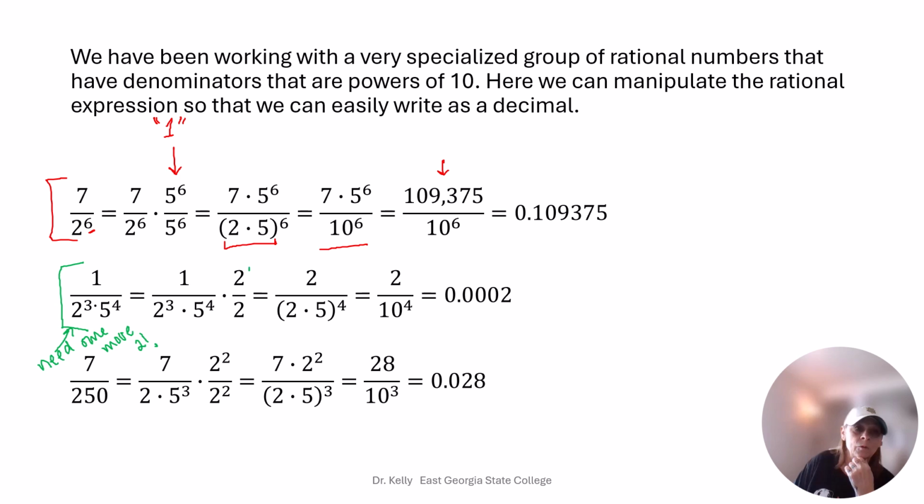So here I am multiplying by 2 to the power of 1 to be able to put this together. Now that we've put it together, that gives us 10 to the 4th. And so we can write this. This is 2 tens, hundreds, thousands, ten thousandths. That's how we say that.